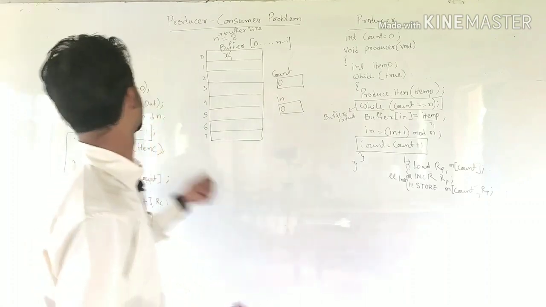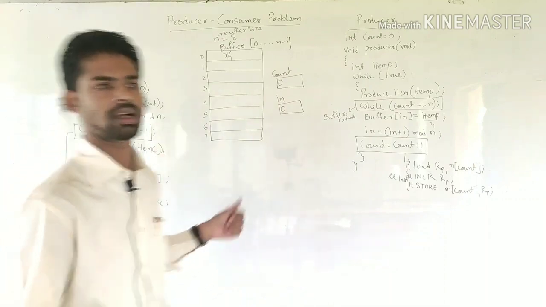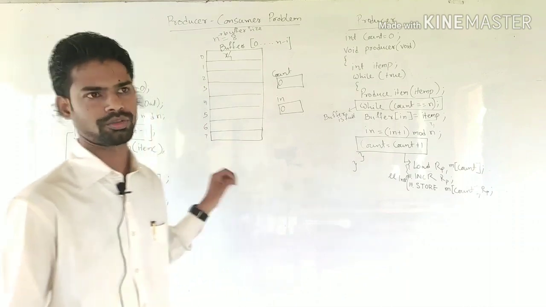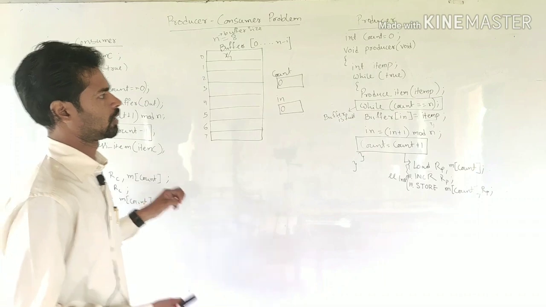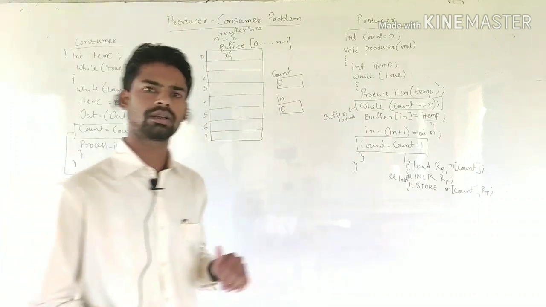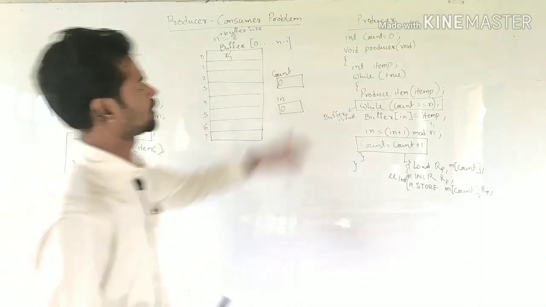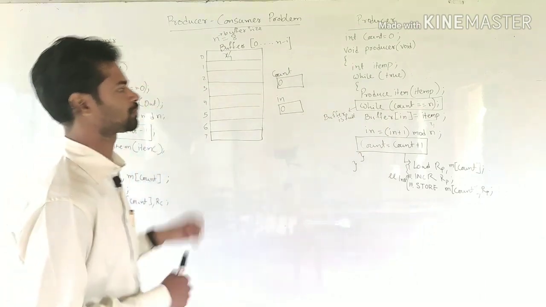Case 2, if buffer is empty, then consumer is not allowed to consume any item from the buffer. And one important thing, at any point of time preemption may occur.